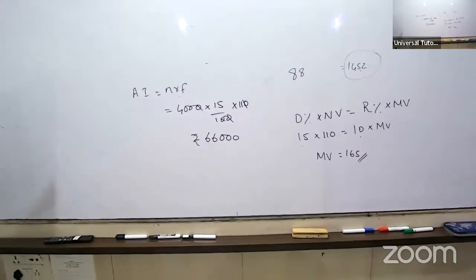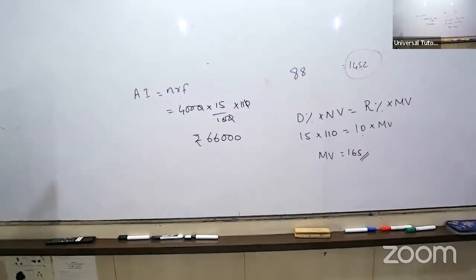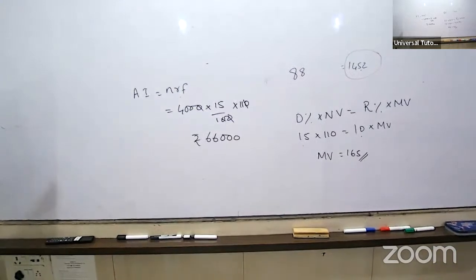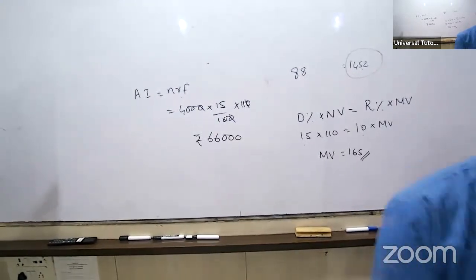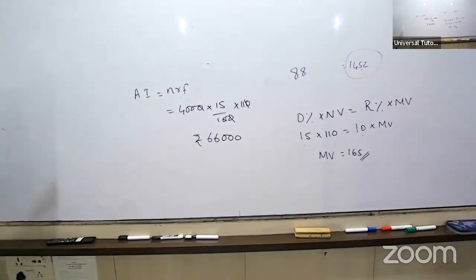A buys 7.5%, rupees 100 shares at a discount of 20%.